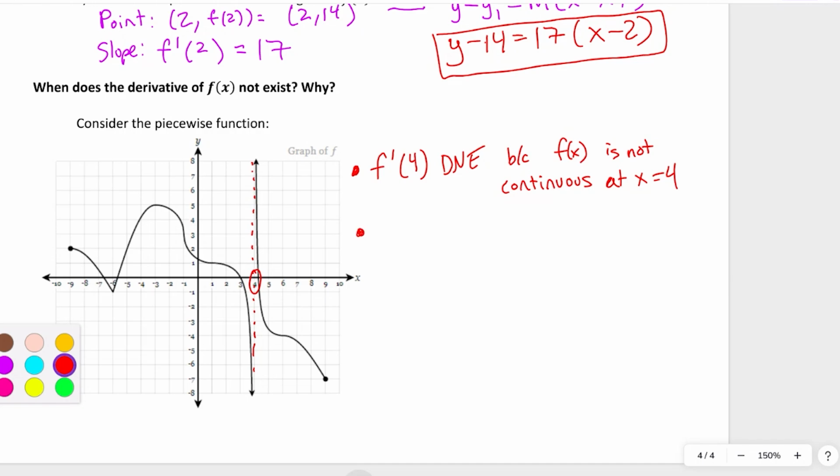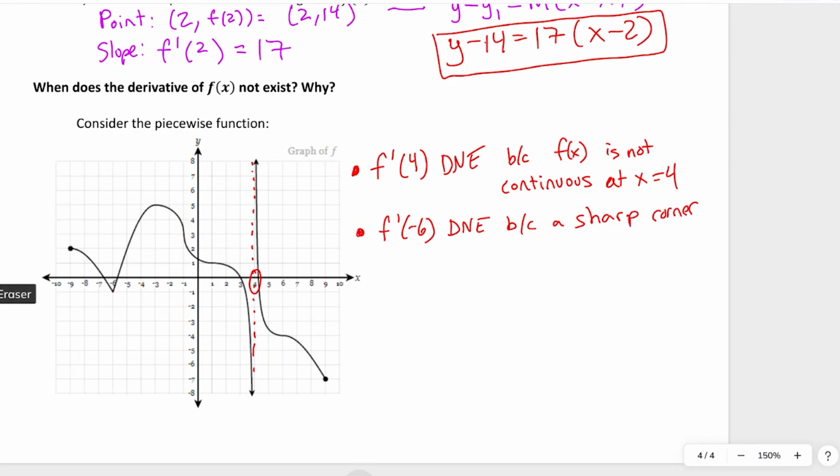Now, another place that might not stick out at you, but right at -6, we have what I'm going to call a sharp corner. So f prime of -6 is not going to exist either, because of what, for now, I'll just call a sharp corner, or sharp turn.